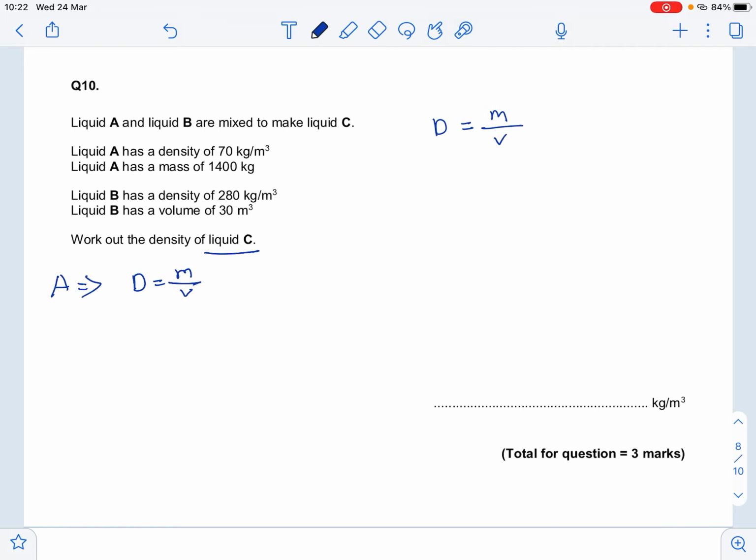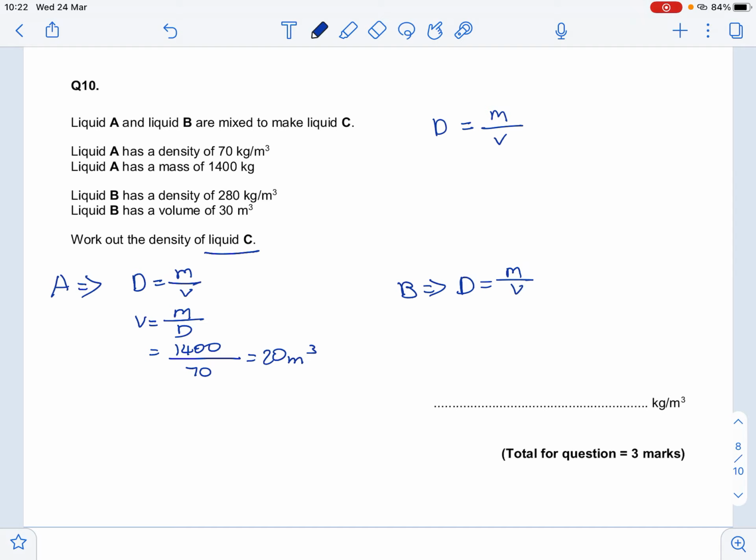Volume equals mass divided by density. Our mass is 1,400 and our density is 70, so the volume would be 20 meters cubed. Then let's look at B. Again, density equals mass over volume.